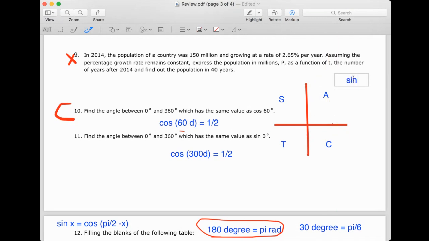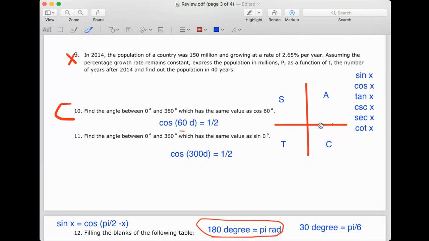Let's use x for the variable: sine x, cosine x, tangent x. Then the inverse of sine is cosecant x, the inverse of cosine is secant x, and the inverse of tangent is cotangent x. These are the six trig functions.